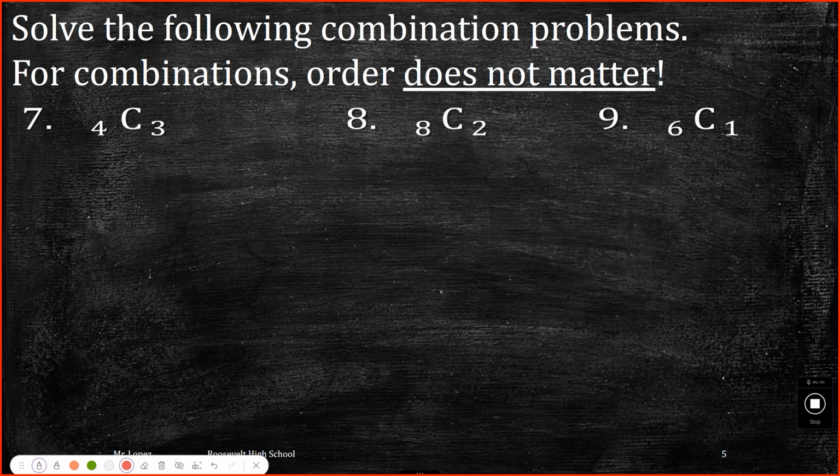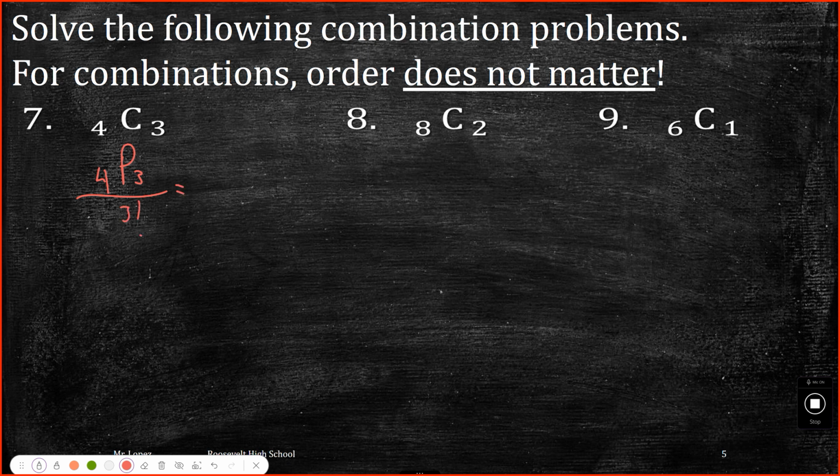So for 4 combination 3, it is 4 permutation 3, but then get rid of those repeats by dividing by 3 factorial, or however many you chose, factorial. So here we go. Really this is going to be 4 pick 3, then get rid of the repeat, 3 factorial.